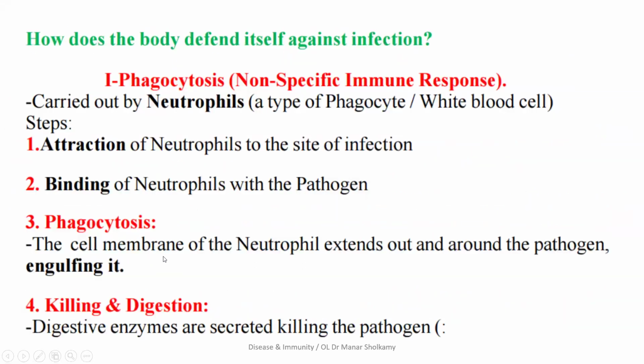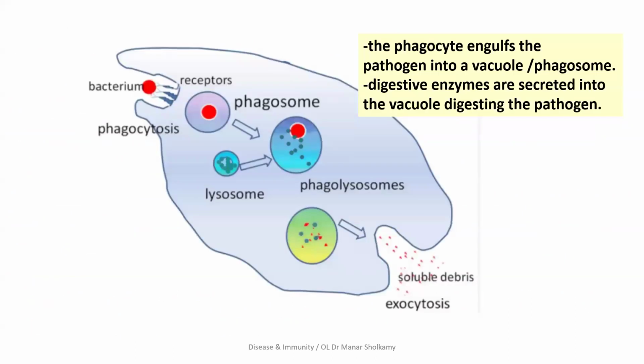Actually, can you explain how allergy develops? Allergy develops when the body starts attacking a self-antigen for no reason, or it starts attacking a foreign antigen that is harmless. For example, you are eating strawberries or nuts. Nuts are very good for you.